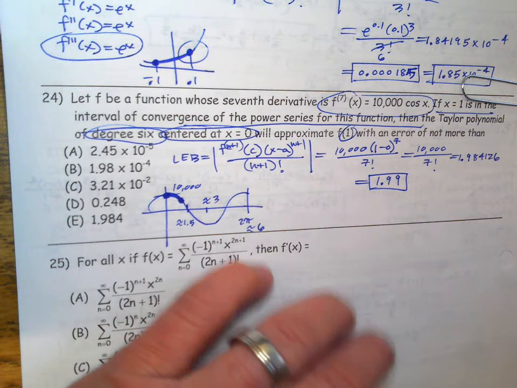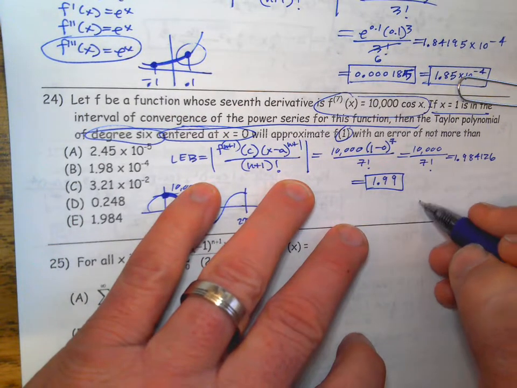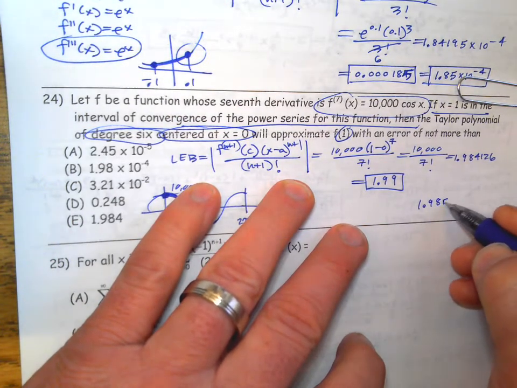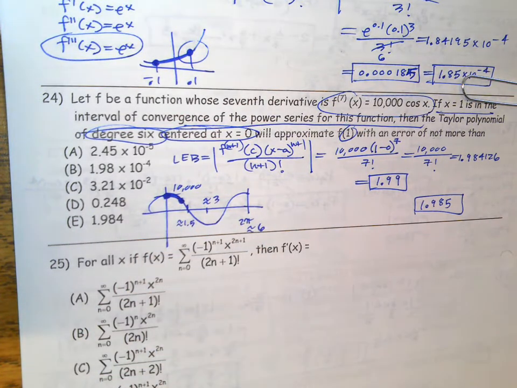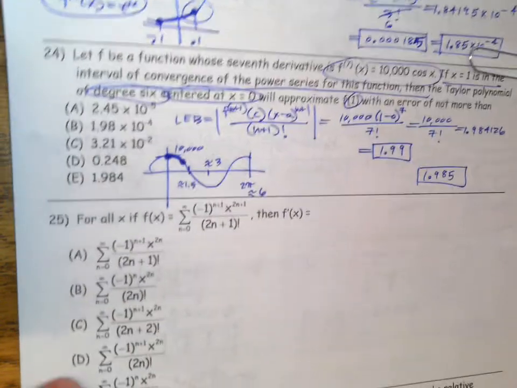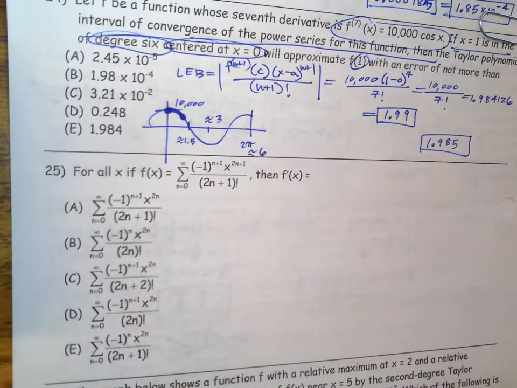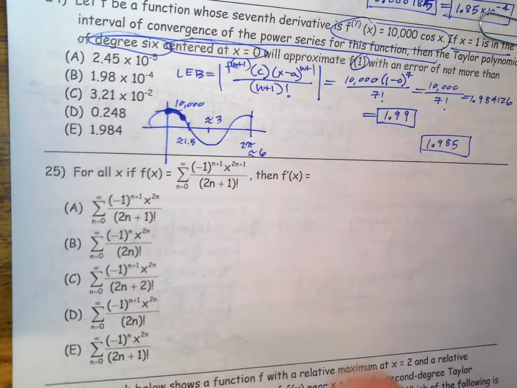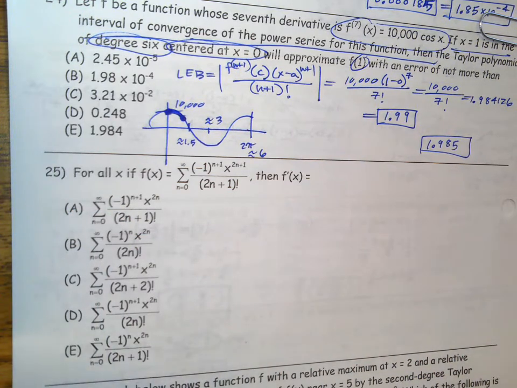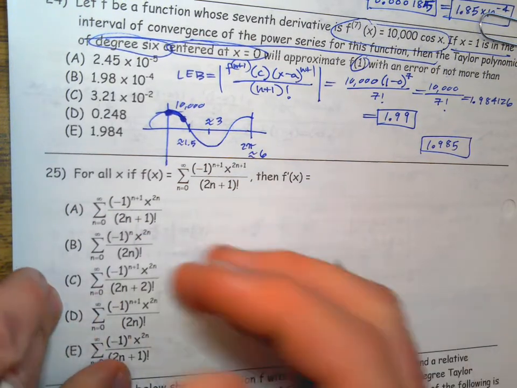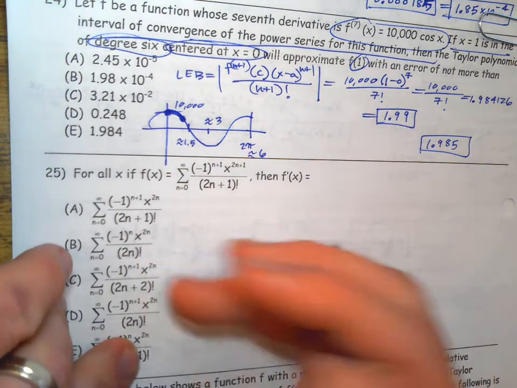All right. Or if we were doing 4, it'd be 1.985. Round up for sure. Round up for sure for error, because it's supposed to be worst case scenario. If you round down or truncate, your worst case error is actually less than the real worst case error. So, okay, next one.